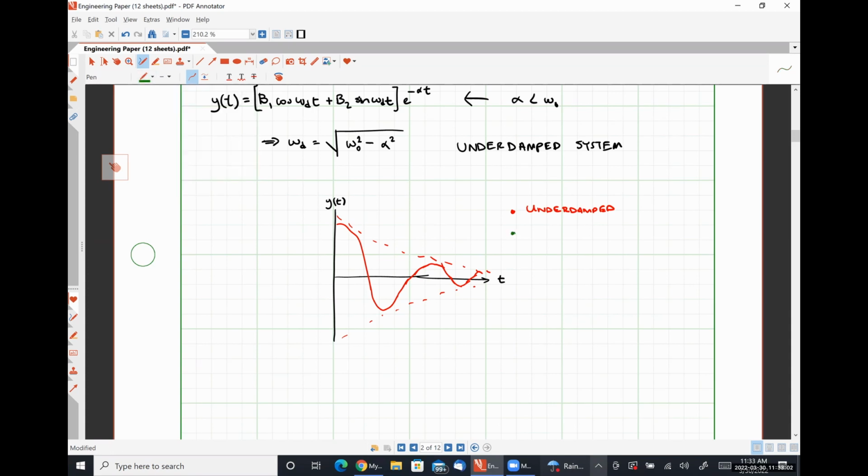Our green curve, which I'm about to draw, will be for an overdamped system. And effectively, it's just going to be this guy. It's an exponential decay that takes a long time to get to its final value. And then finally, a blue curve will be representative of a critically damped system.